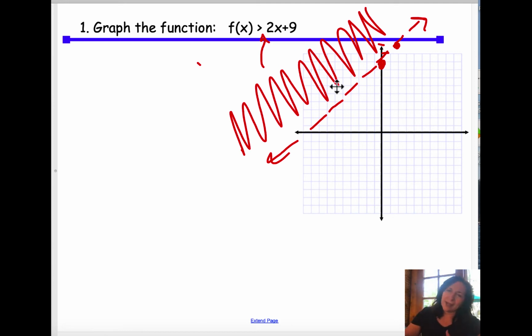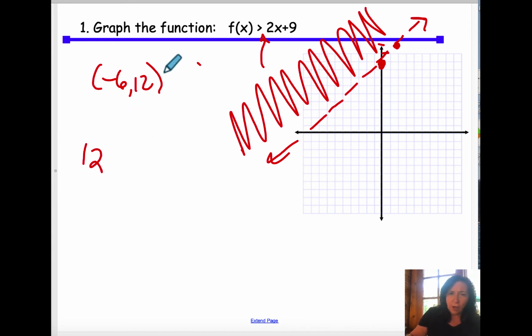You'd give me a point that's within this shaded region, like -6, 12 would work. Let's try that one. So I could say possibly -6, 12 would work. Then I would plug that in and go 12, which is my y. I'd say 12 is greater than 2 times -6, add 9.